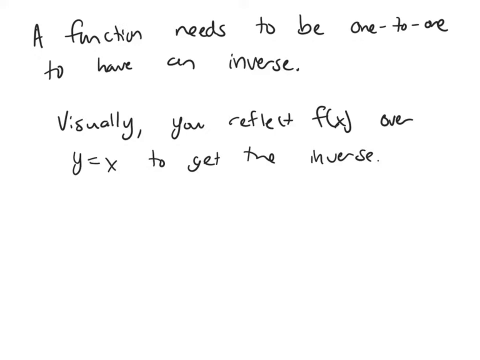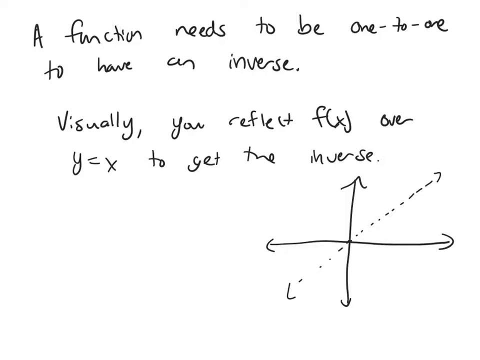So if you have a graph here and a function that is one-to-one, graphically what you do is you reflect over this line y equals x to get your inverse function.